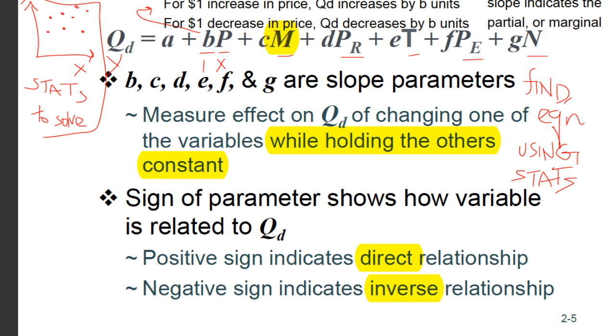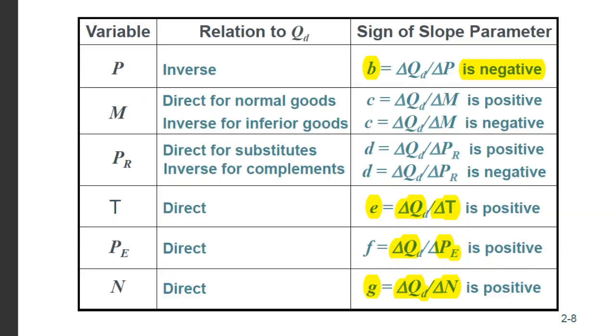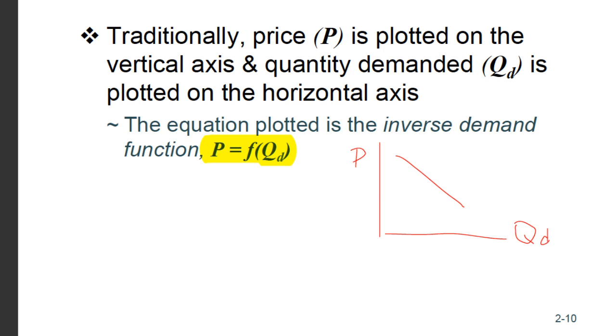So to solve, we need statistics to do that. Having said that, I didn't even have to talk about statistics because all I wanted to do was explain to you how we view this function in two dimensions. So we just talked about the two-dimensional depiction of the function.